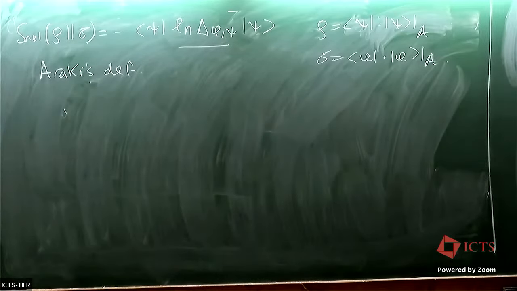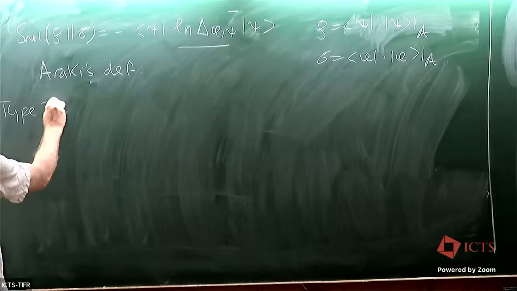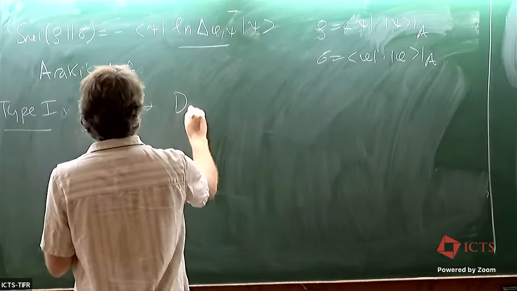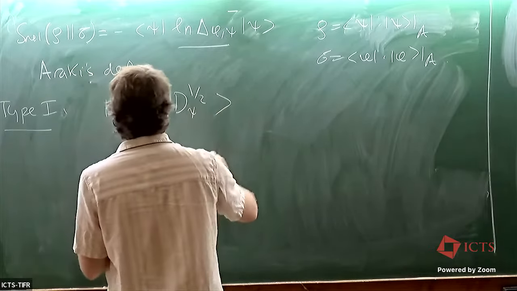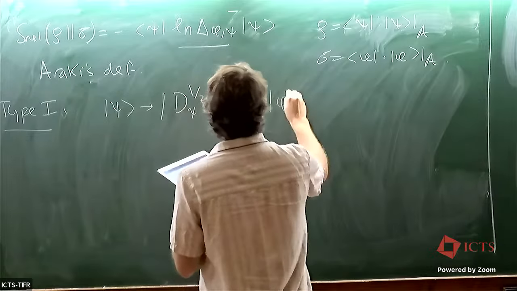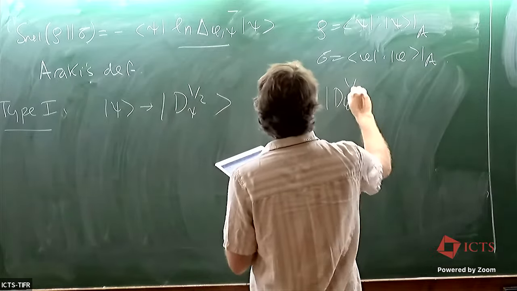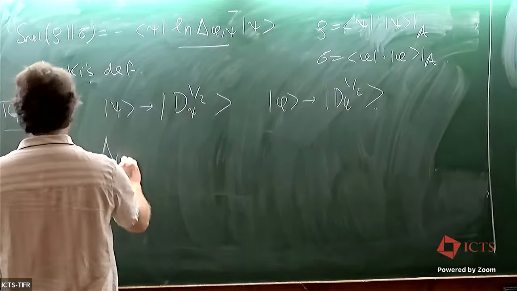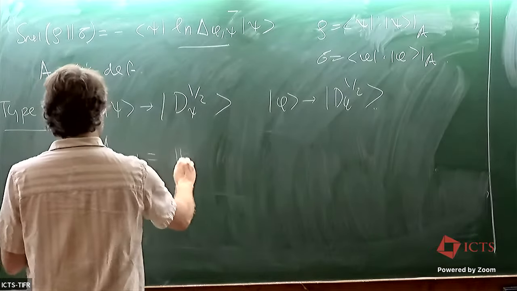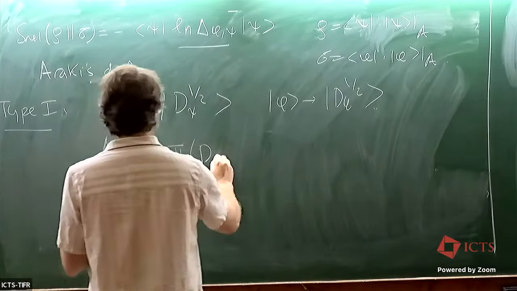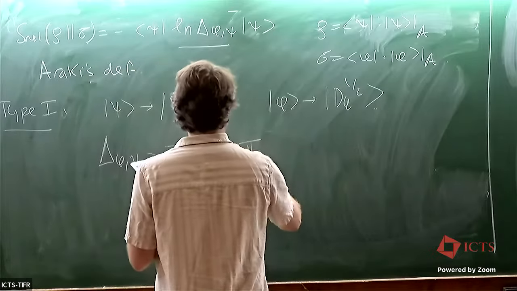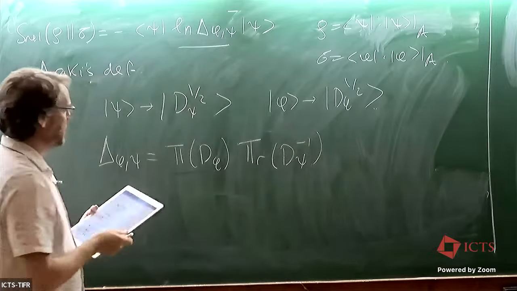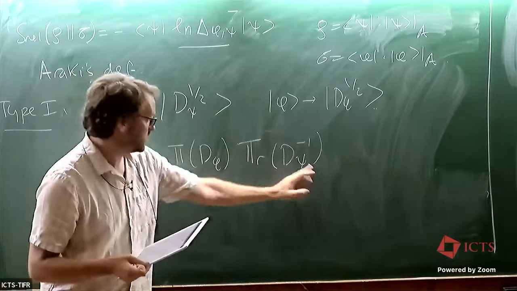And you can again, as usual, go to the type 1 case with matrices and so forth. Psi gets replaced with this canonical purification, the density matrix to the 1/2. Phi is the density matrix to the 1/2, like this. And then the relative modular operator, it's not hard to see, is the density matrix for the algebra on phi, and then the right action, which is the commutant for psi, right? So remember the modular operator, when they were the same, had the same two states here.